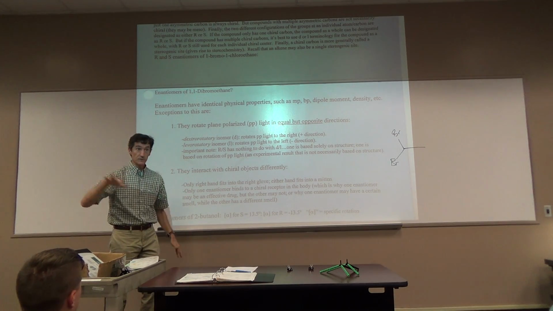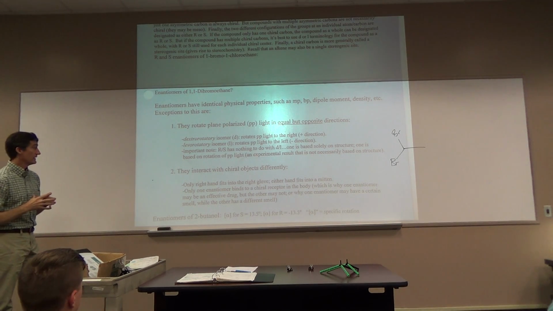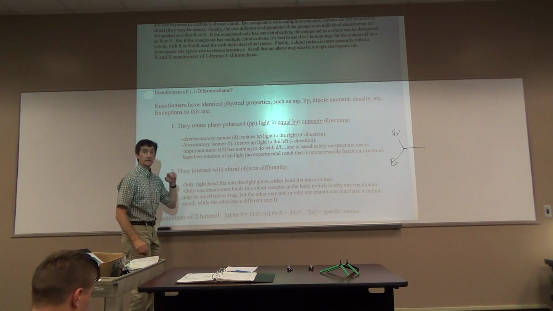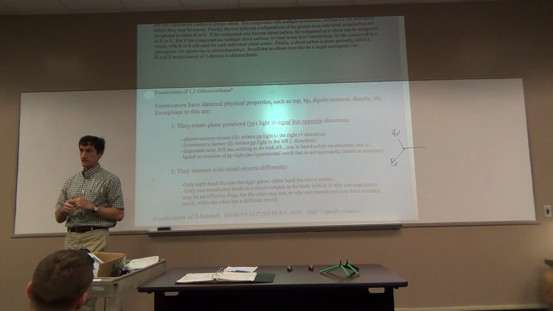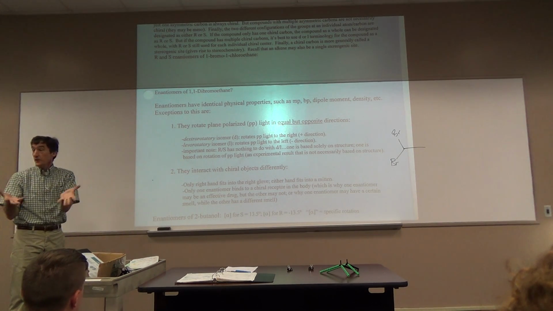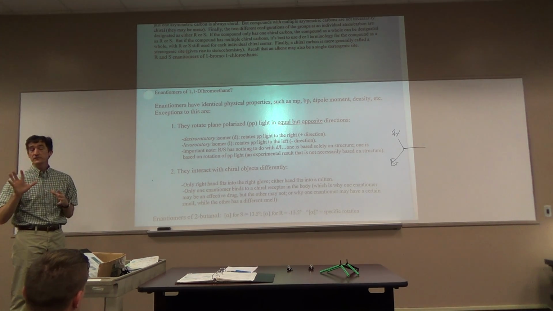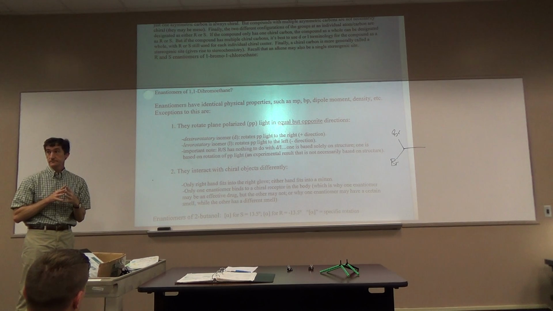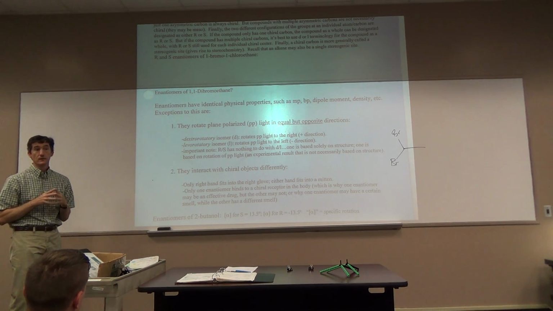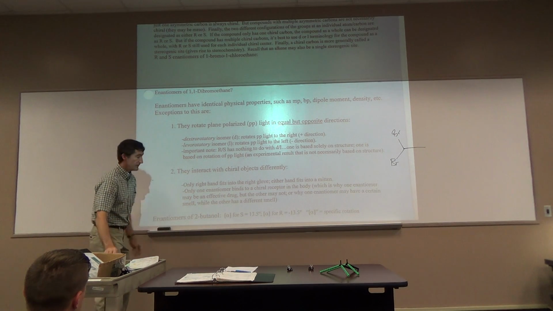Yes, only this one will slip in. This one will not. That's the idea of interacting with chiral objects differently. What about a mitten? They both go into a mitten because a mitten is not chiral. The mirror image of a mitten is going to be the same thing. So they'll both go into a mitten. Now think about that.